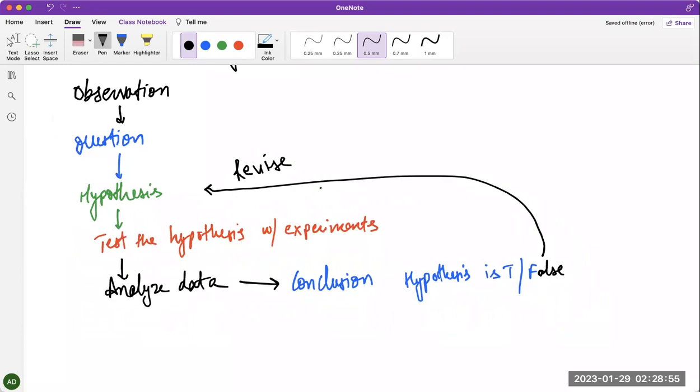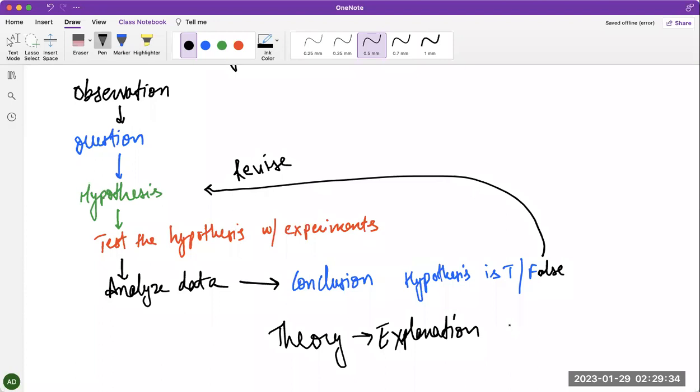So then where does the theory come in? The word theory, guys, think of theory as the answer, as the explanation of what you're observing. So once the hypothesis has been tested several times and has been shown to be true, you start calling it a theory, because think of theory as a well-established hypothesis which has been supported with considerable evidence and is very well supported.